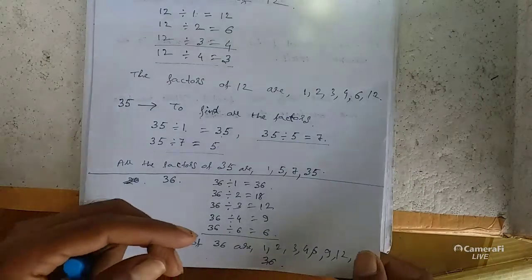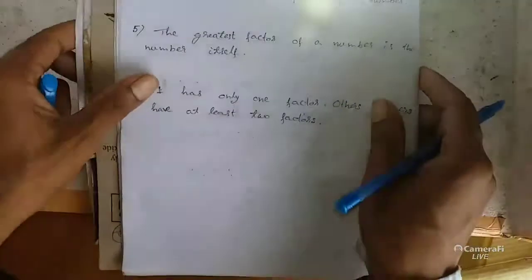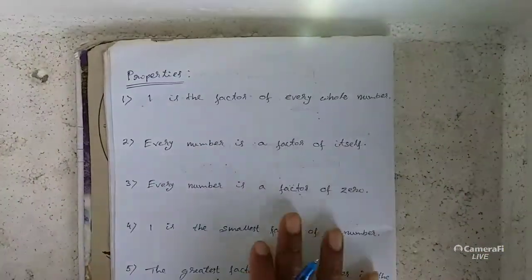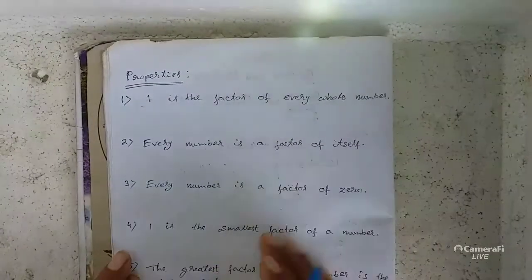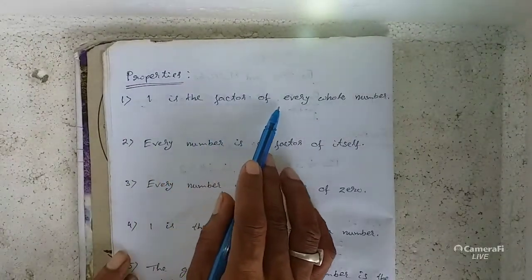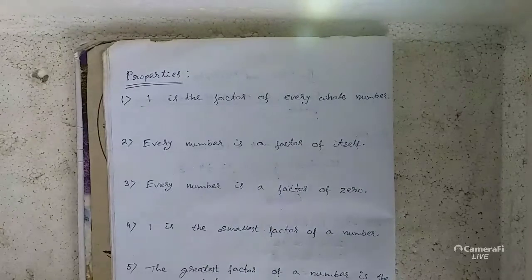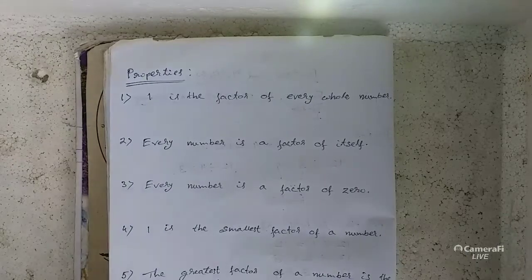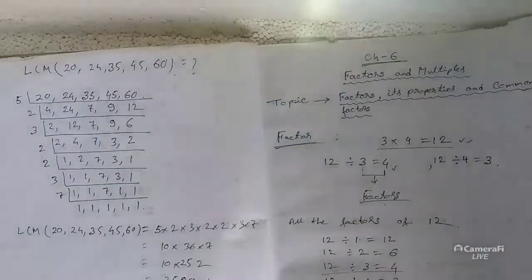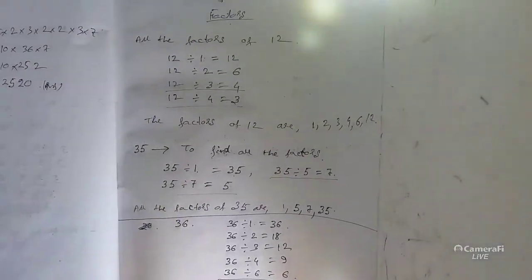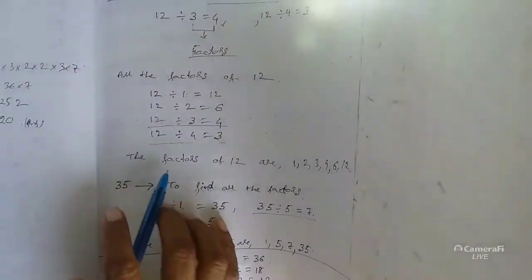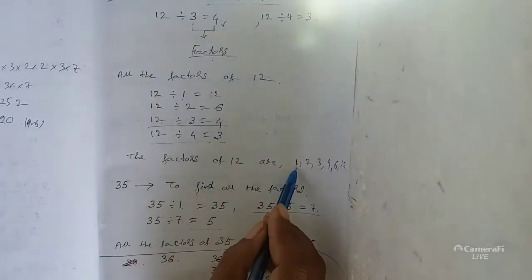Now there are some properties of factors. Here are the properties. Property number 1. 1 is a factor of every whole number. You can check from the previous examples that whenever we are finding the factors of 12, 1 is a factor.